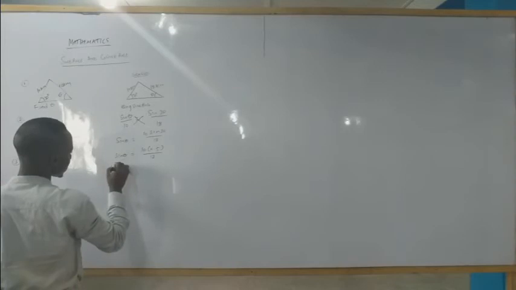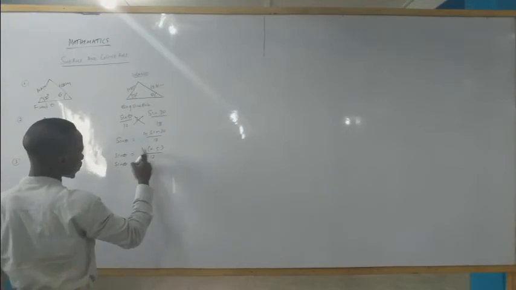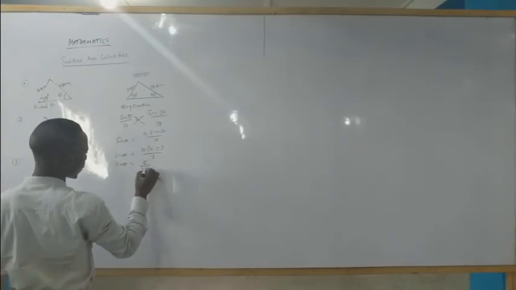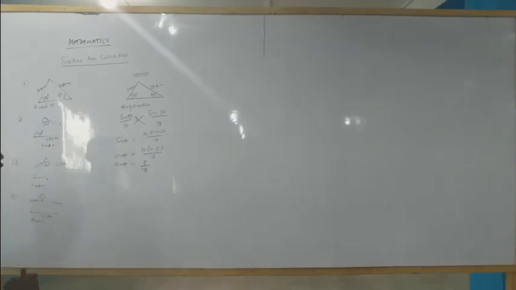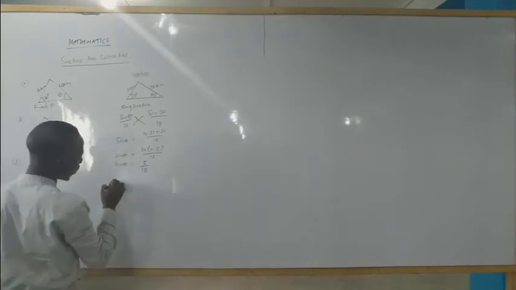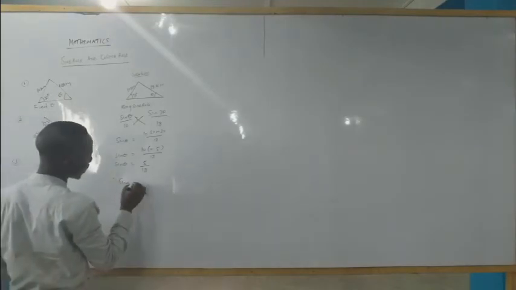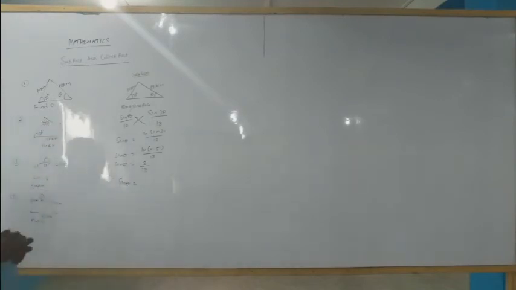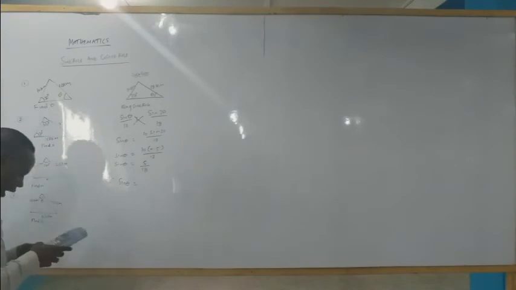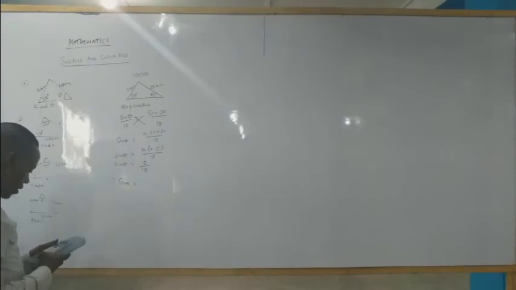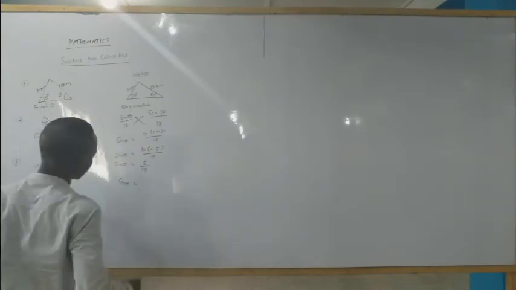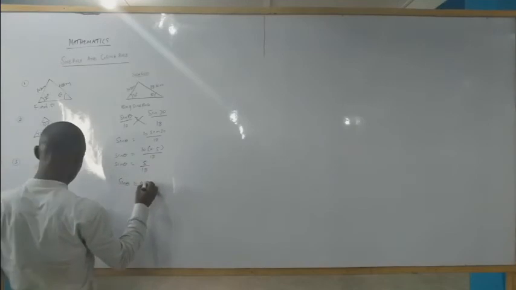So sine theta is equal to 5 over 18, which is 0.277.